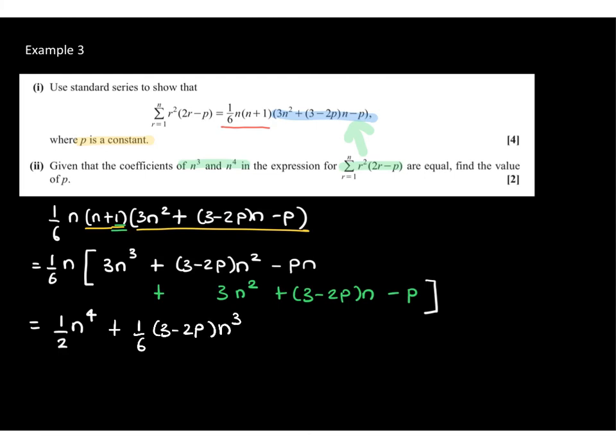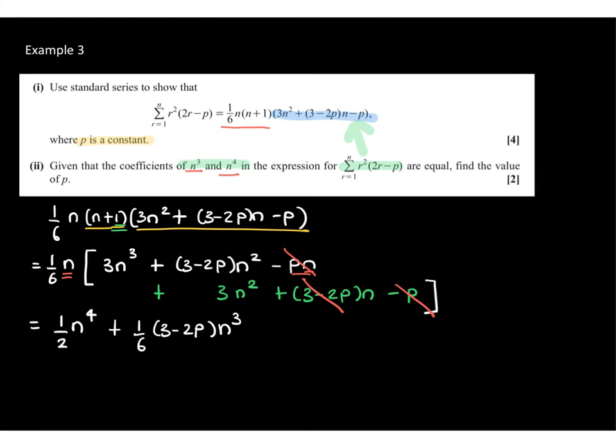Now, I'm only interested in the coefficients of n cubed and n to the power 4. Now, when I multiply n by this pn part here, I'll get an n squared, so I'm not really bothered about that. And in the same way, I'm going to ignore this and not bother multiplying them by the n, because I'm not actually interested in what I'm going to get here.